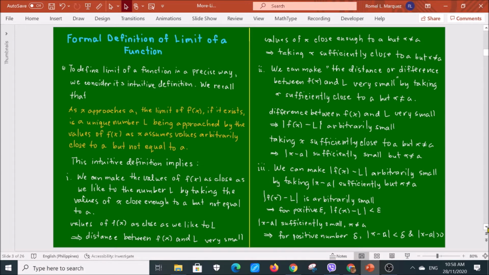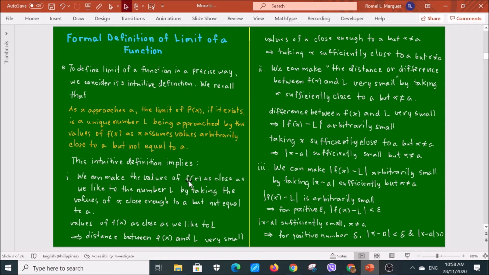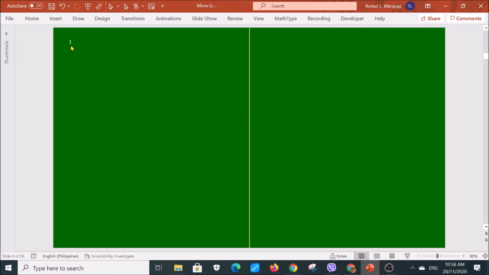Okay? So from that, we can make this statement, no? So we're now close to the actual definition.